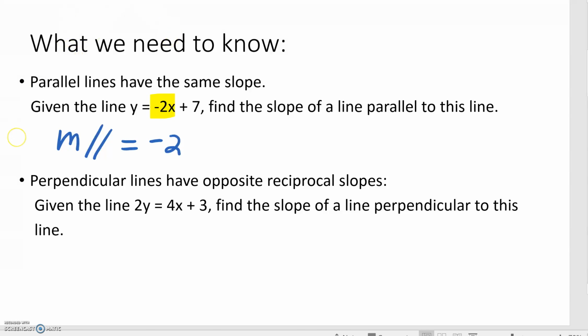In the next example, we're looking at perpendicular lines. Perpendicular lines have opposite reciprocal slopes. But in order to read the slope of an equation, given the line 2y equals 4x plus 3, we have to have it in slope-intercept form. So for this one, we need to solve for y.